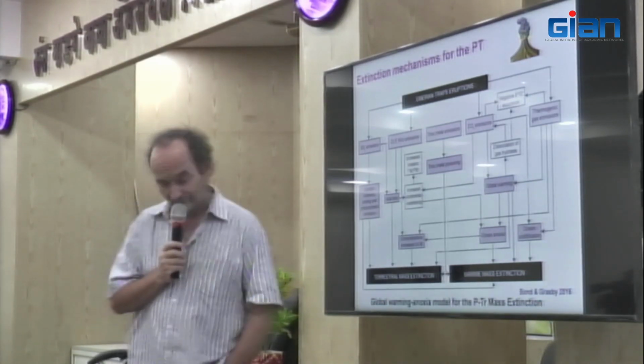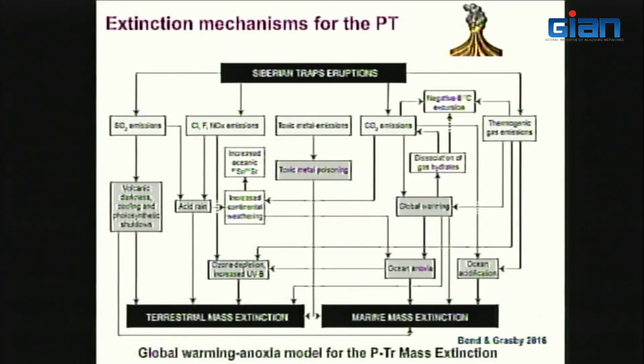This sums up, taking into account all the geochemical, paleontological, climatic, and so on indications that I just showed you for this huge mass extinction. So it's a model including global warming and anoxia for this mass extinction. Okay, and interestingly, you can use it for the marine mass extinction and the terrestrial mass extinction. So I will start with the marine, so it will be easier here. Maybe this thing is working.